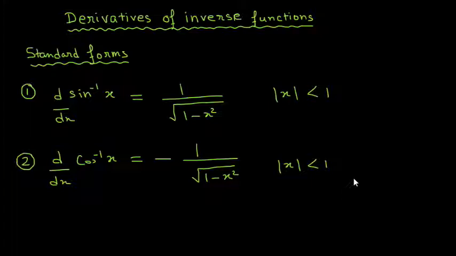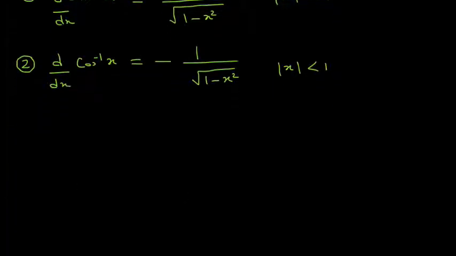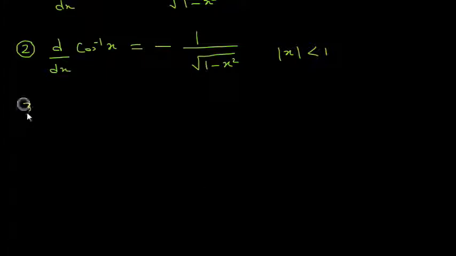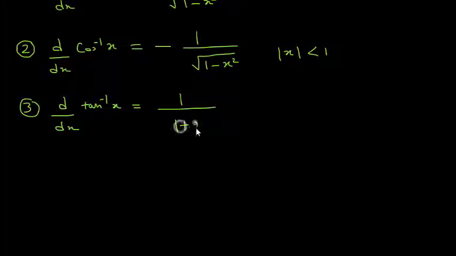Next is d upon dx tan inverse x is equal to 1 upon 1 plus x², where x is an element of real numbers.